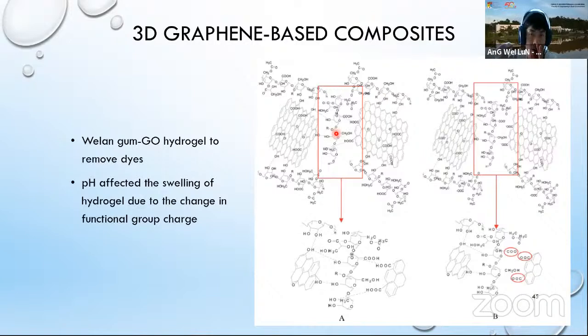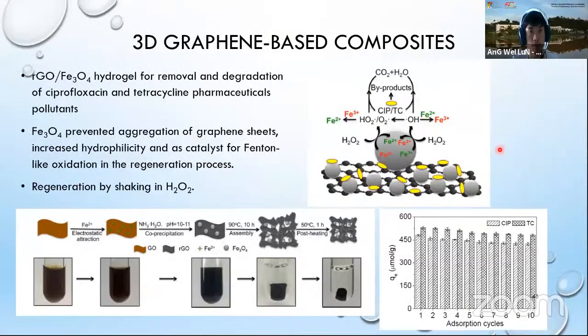So water is very difficult to get into the porous structures of the hydrogel, so the removal will be lower. This shows that when you functionalize your graphene oxide, it's very important to notice the presence of the functional group here. Manipulating the functional group will enable you to create a hydrogel that will swell in certain conditions and will improve the removal rate.